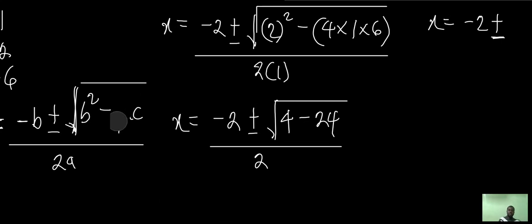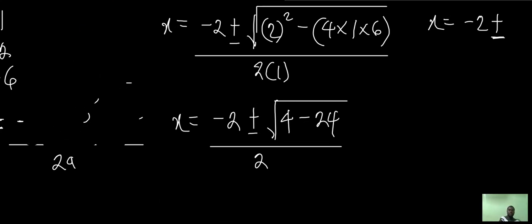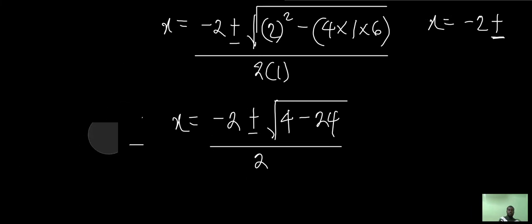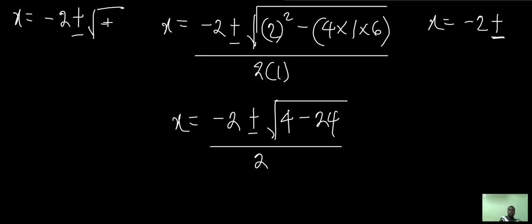Let's write that here. x equals negative 2 plus or minus square root of negative 20, all divided by 2. Now take note that we have square root of negative 20 here.